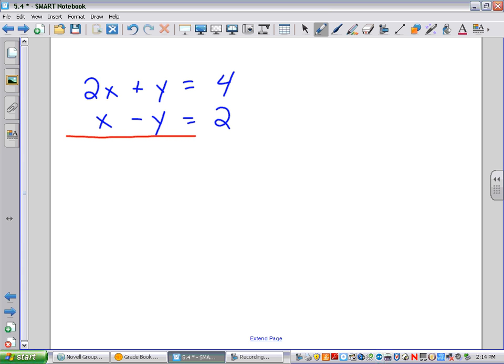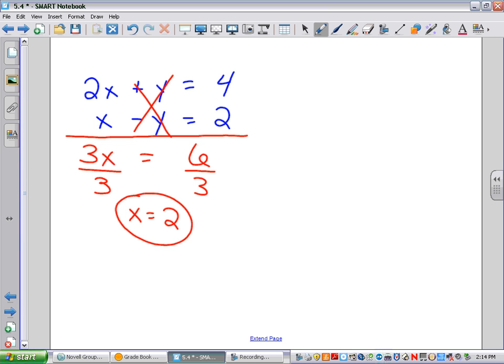With this one, draw your line. The y column's eliminated. It's going to be 3x equals 6. When I divide by 3, that gives me an answer of x equals 2. Take that 2.